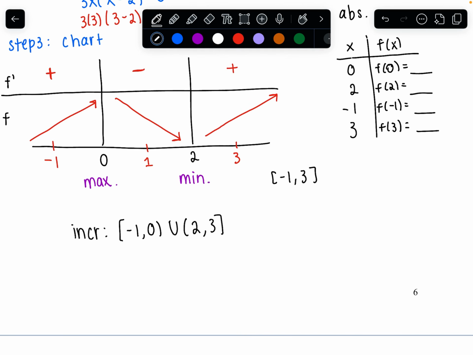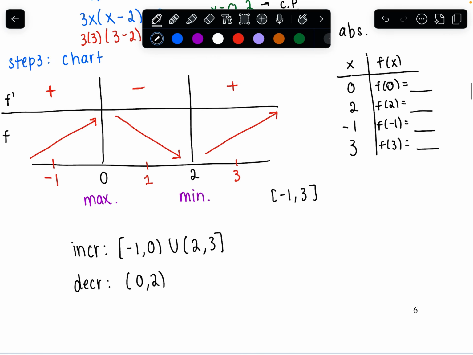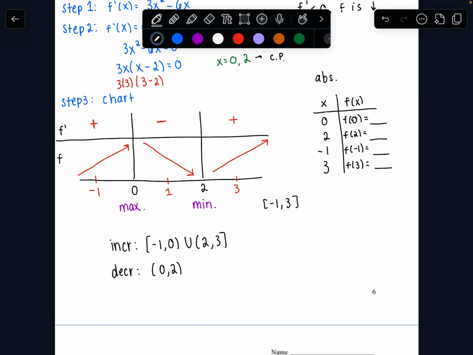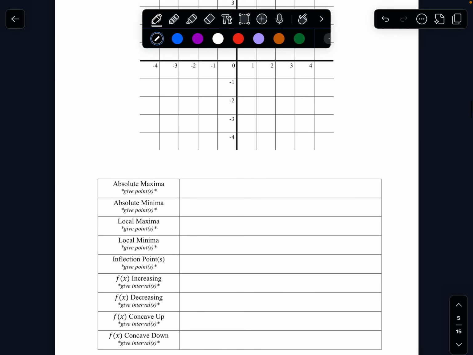Okay, and then decreasing is going to be everywhere else, which is just between 0 and 2. We don't include 0 and 2 because that's where it changes from increase to decrease. So it's not doing either at 0 or 2. Okay? Great, that was half of it.